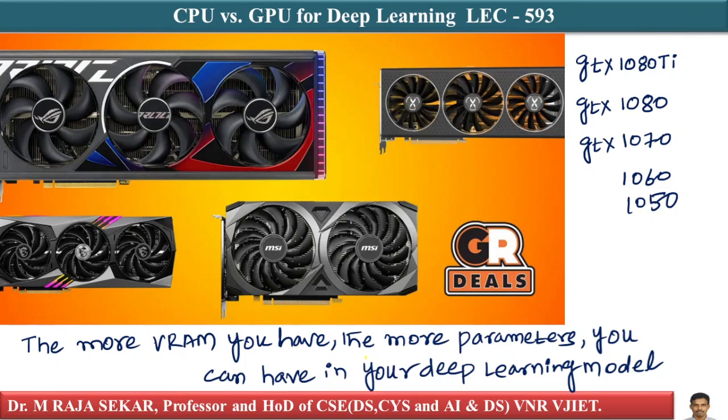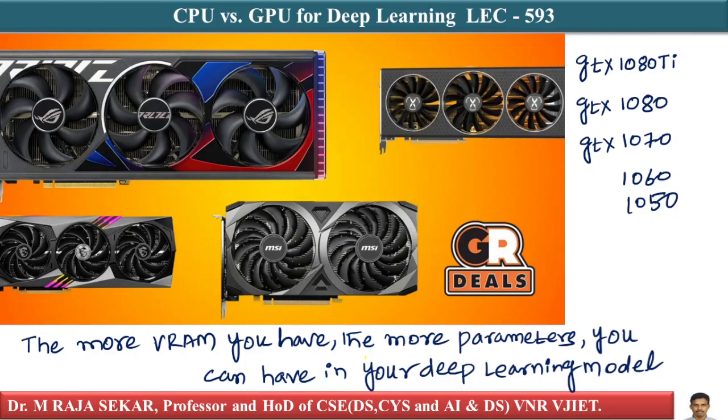Video RAM is nothing but the sum of all the distributed cache that you have in the GPU.